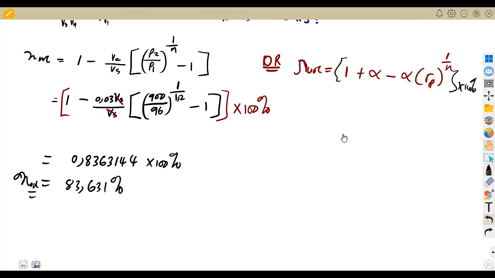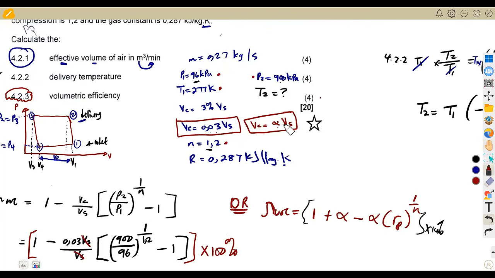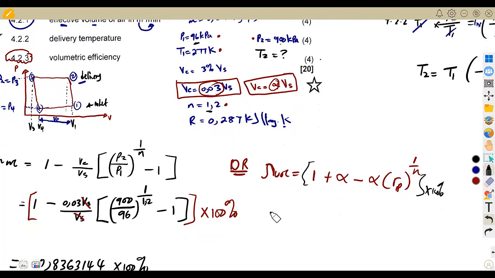Like I said, VC is alpha times VS. So alpha in this case is the constant part, the percentage, which as a decimal is 0.03. So our volumetric efficiency is going to be 1 plus alpha, which is 0.03, minus 0.03 times the pressure ratio.